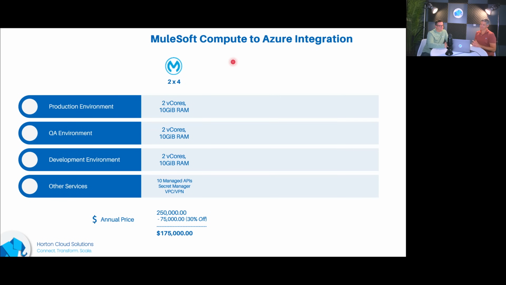Right. Okay, so what I'm going to describe is the notion of a 2x4 in the MuleSoft ecosystem. What that means is they take the production environment and they say there's 2 cores, about 10 gigs worth of RAM.